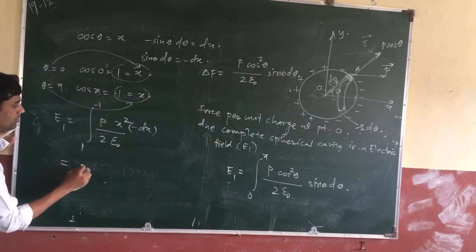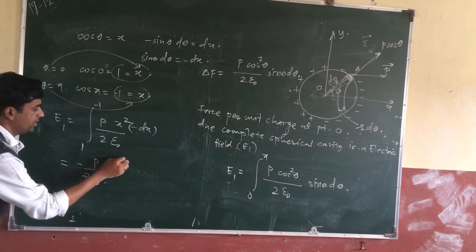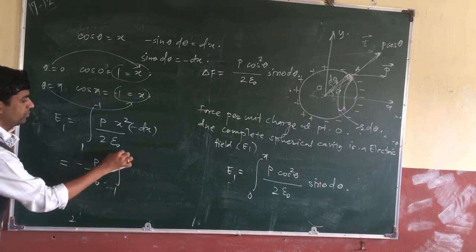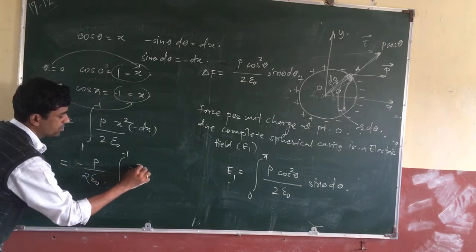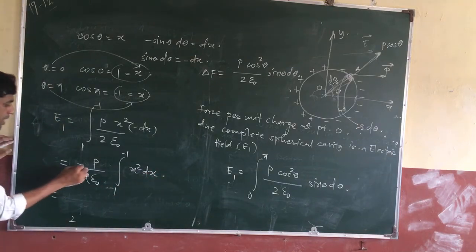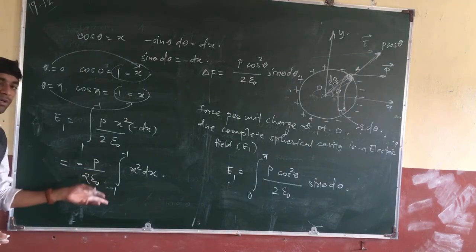So E1 is equal to minus P divided by twice epsilon naught, integration from 1 to minus 1 of x square dx. Okay, if I have to remove this minus sign, I have to change the limit of this integration.